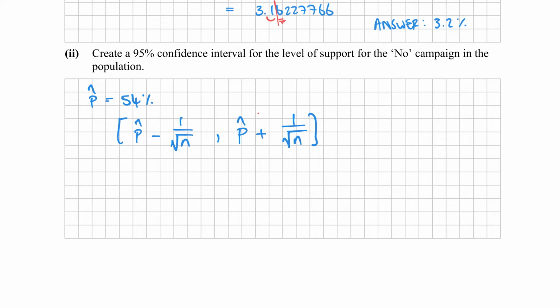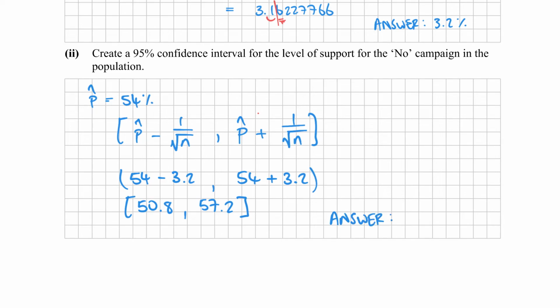So that'll be 54 minus 3.2, comma, 54 plus 3.2. And that'll end up being 50.8 and 57.2. And that's our confidence interval there. So the answer there will be 50.8 and 57.2.